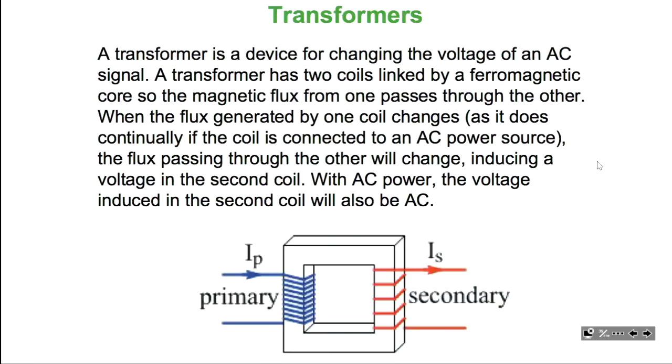Good. And now let's make it step down. What do you expect to read here? Well, it's the same generator, so it should be the same number.